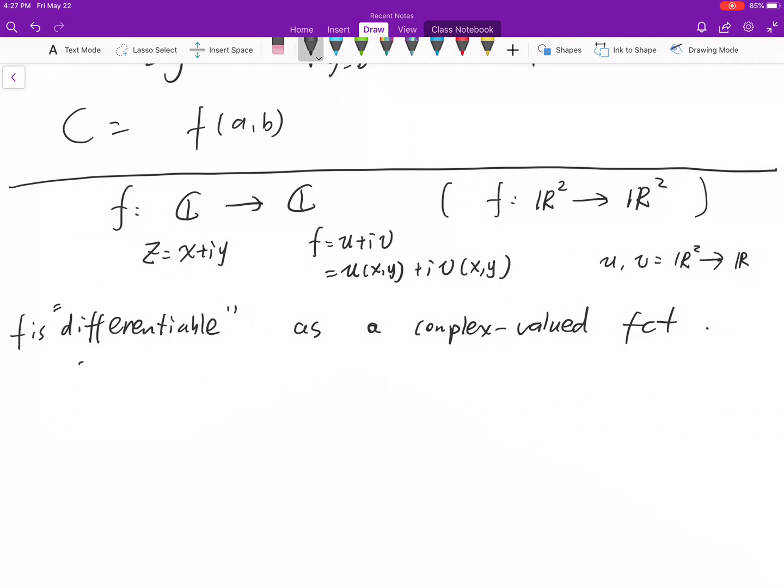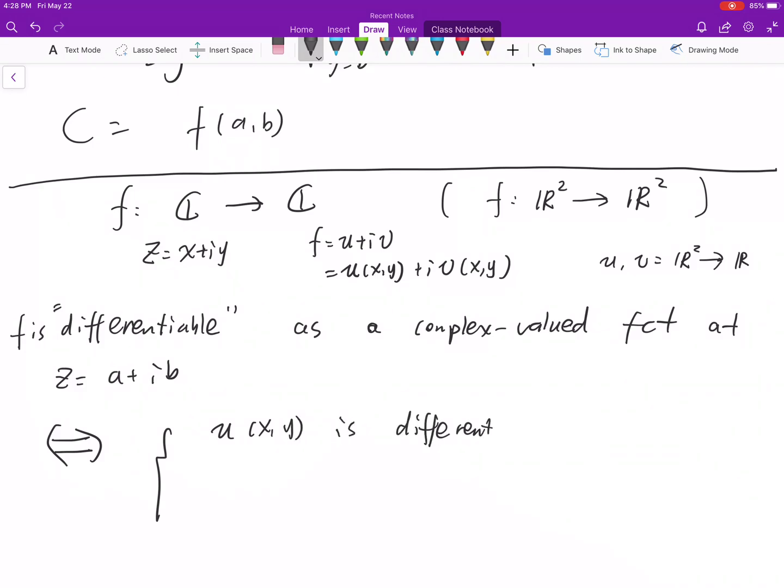More precisely, at the point z equals a plus ib it is defined to be equivalent to the following conditions. u(x, y) is differentiable at a plus ib. v is differentiable at z equals a plus ib.